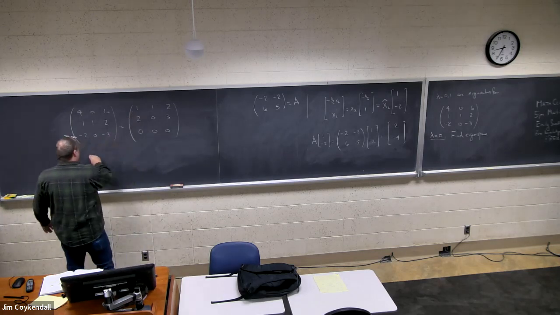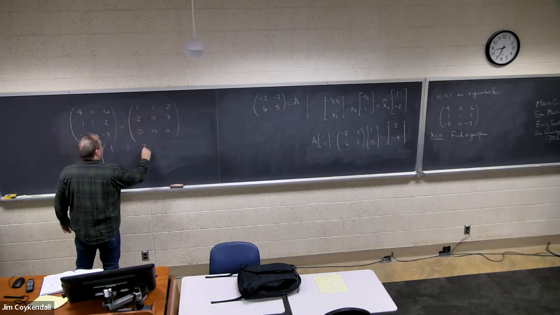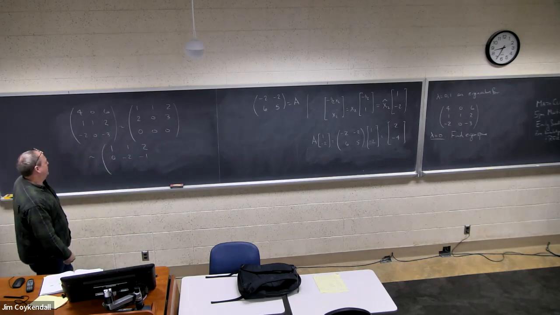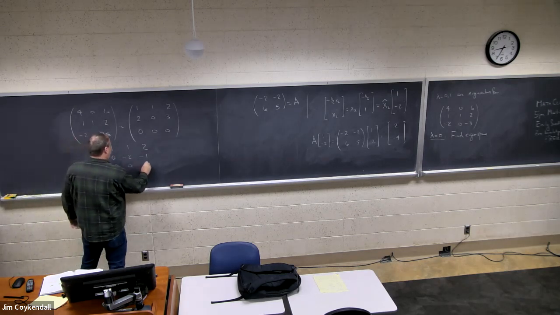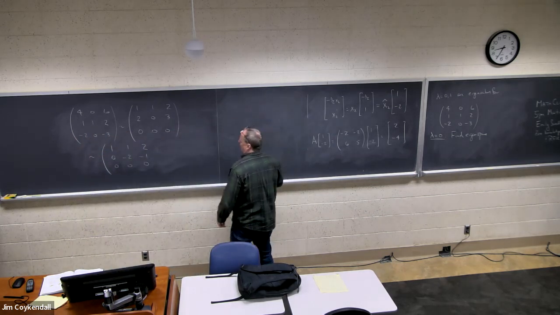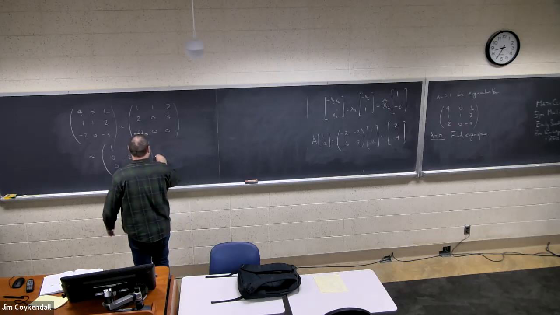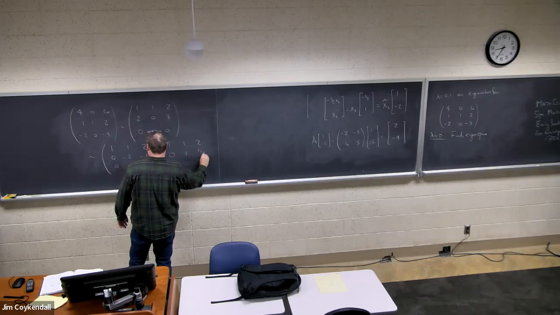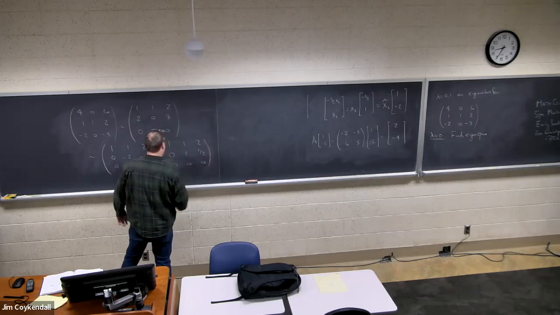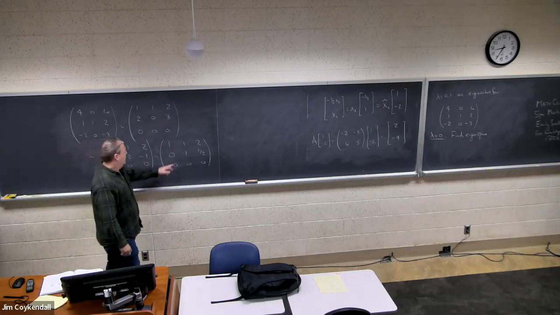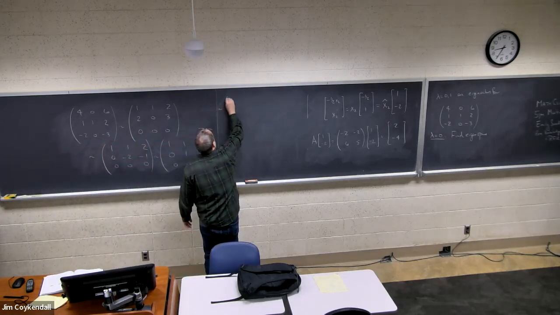Now, multiply by -2 and add downstairs. 2, 2, right? And actually, I'm going to work this into reduced row echelon form. And I'm back. And one final step. Reduced row echelon form.